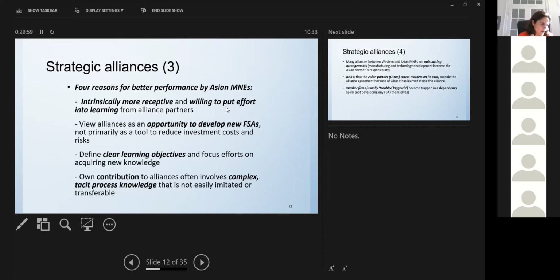Many of the Asian multinationals started as an OEM, an original equipment manufacturer. What they brought in was actually the manufacturing process, which is tacit knowledge. It's quite implicit. Whereas the Western rivals put in not tacit, but really explicit knowledge, the explicit standalone firm-specific advantage.